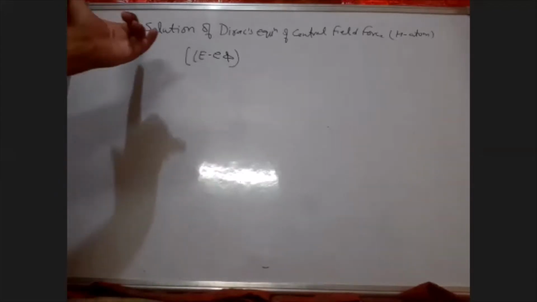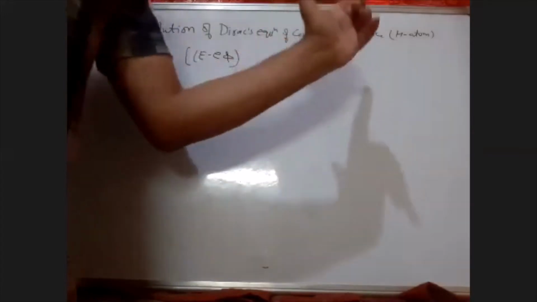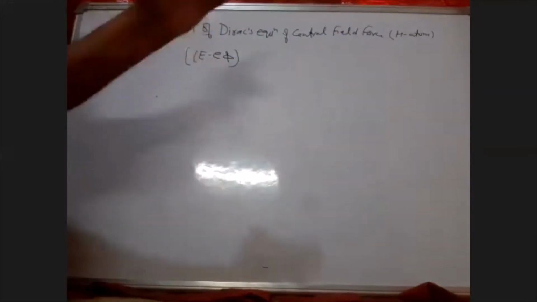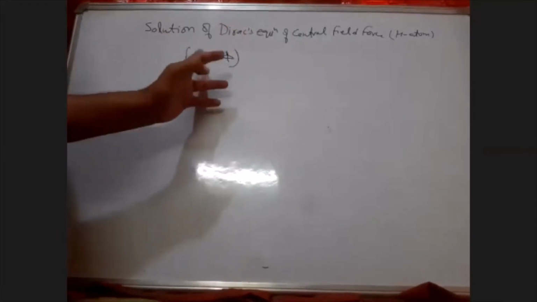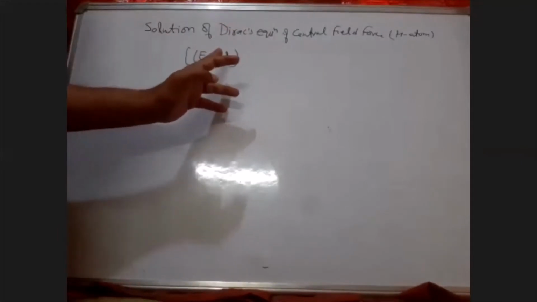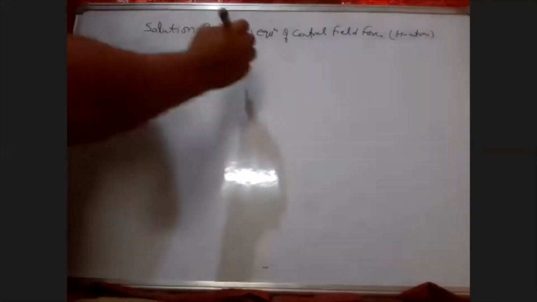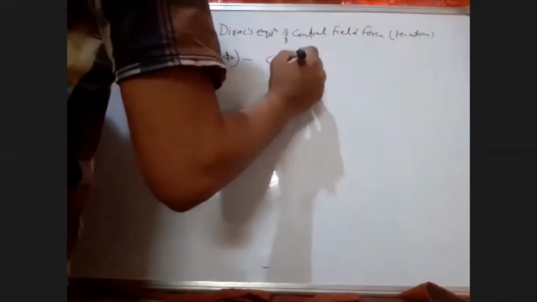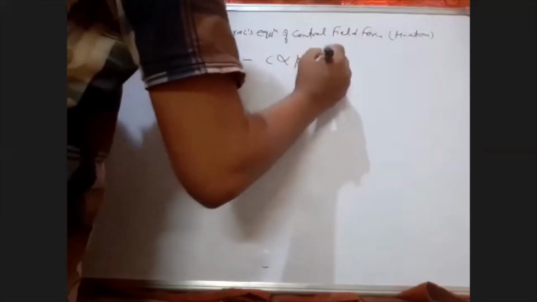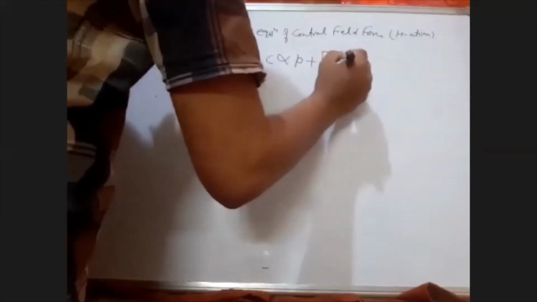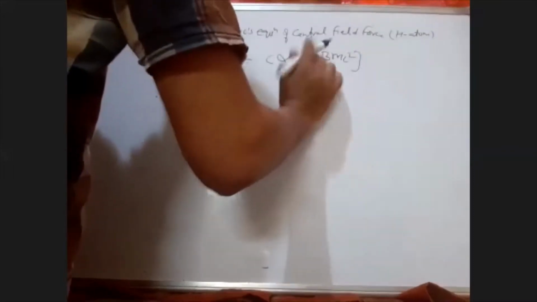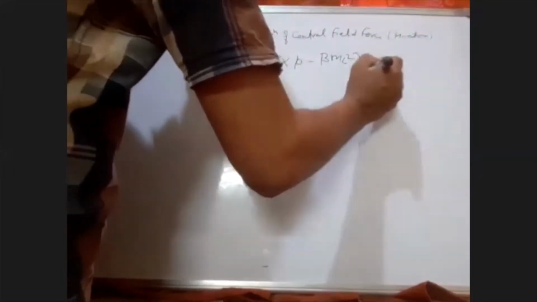But in central field force there is only an electric field, so A is 0. We write (E minus eφ) minus c alpha dot P plus beta mc square minus beta mc square, psi is equal to 0.